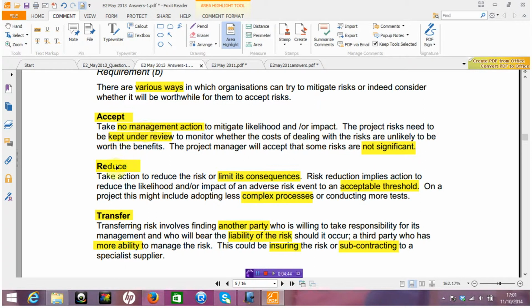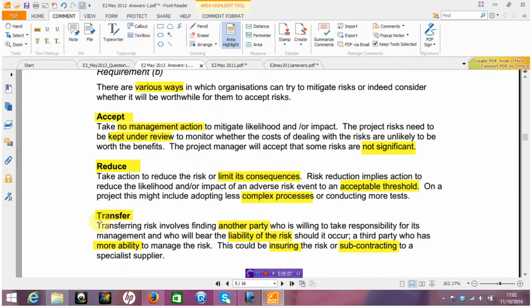Second option is to reduce, take some action to reduce the risk, or limit its impact in some way, or bring it down to what we would call an acceptable threshold. It may well be that that's facilitated through using a less complex process, perhaps.